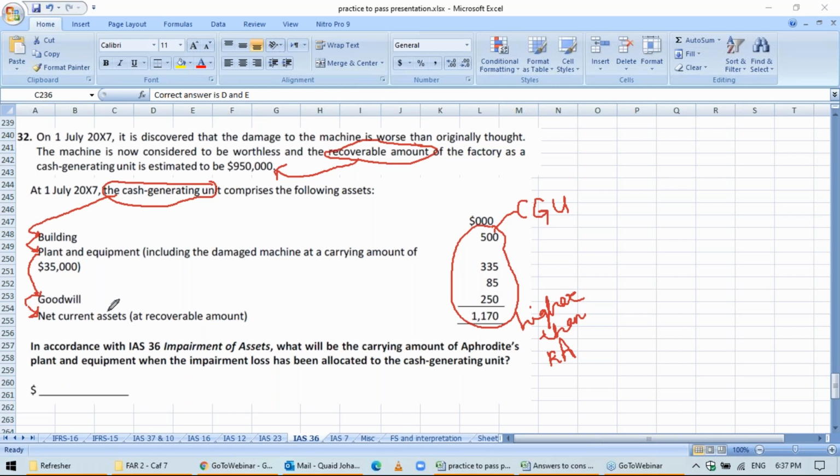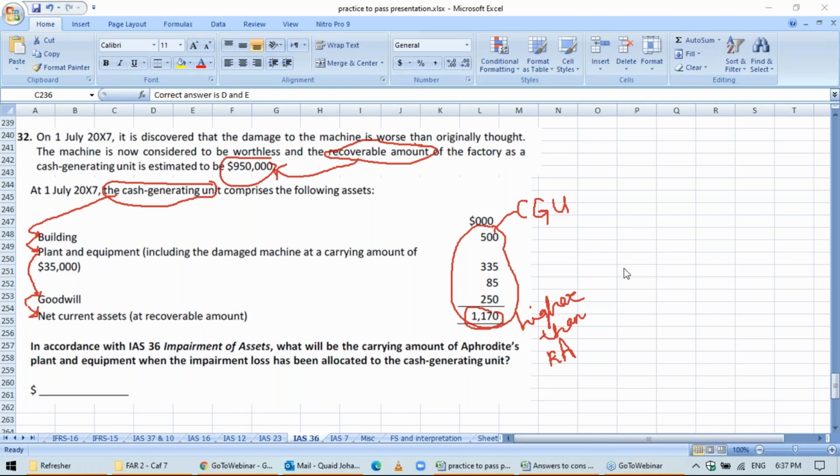So there is a group of assets. The group of assets becomes a cash generating unit. Now, has impairment taken place or not? So impairment has taken place because the carrying value is 1170. And what is the recoverable amount? Recoverable amount is 950.